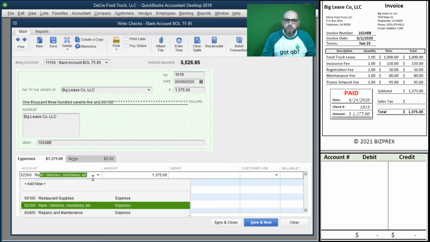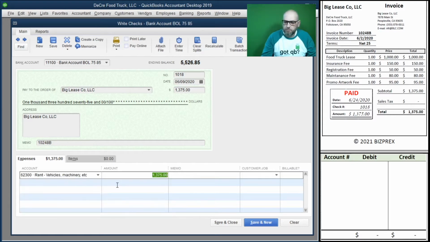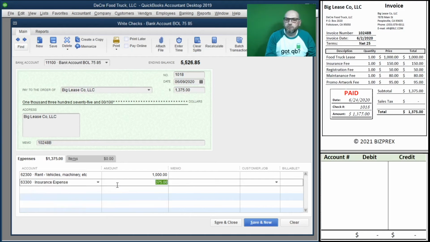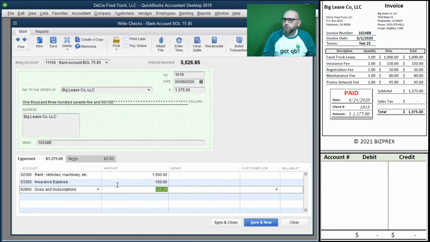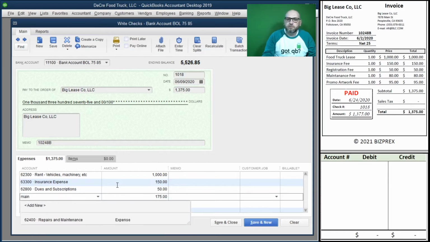So what do we have here? We have our rent, and it's only 1,000. We also have our insurance, 150. We have our registration fee. We have our maintenance.